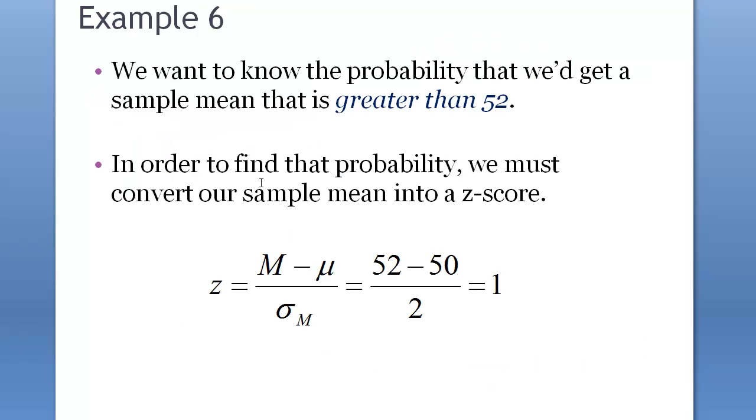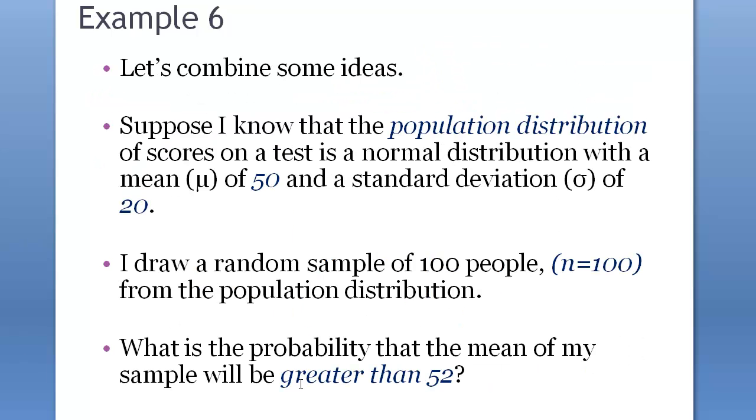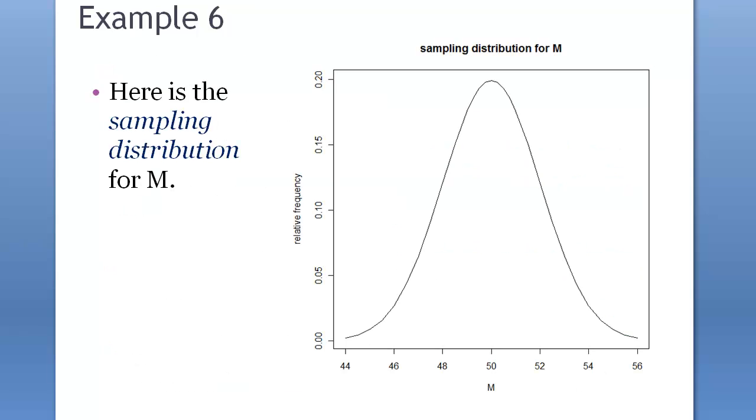We're picking one sample mean of 52, and 52 is about here, right? What we want to know is the chances, or how much of this distribution is going to be over 52. I want to know the proportion of this area.